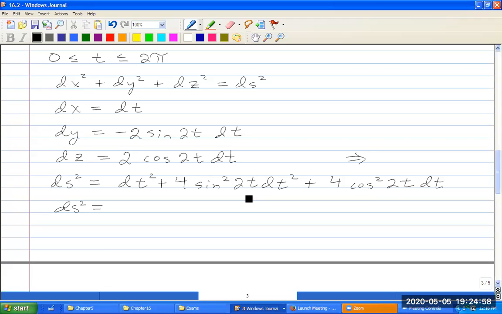Well, cosine squared plus sine squared is 1, so I can combine these to get dt squared plus 4 dt squared.